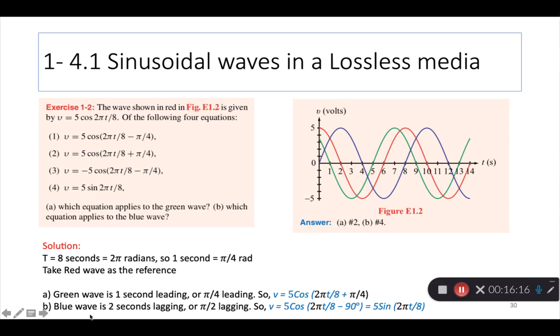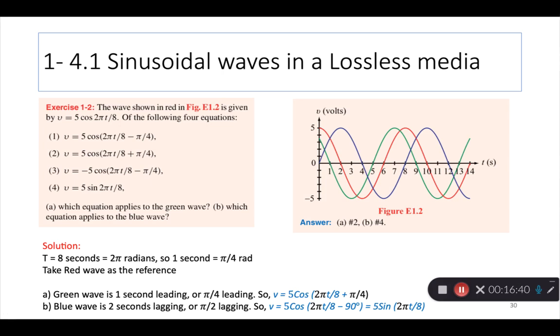Next is the blue wave, which is 2 seconds, the difference between 2 and 4 is 2. So the blue wave is lagging by 2 seconds, and 2 seconds means pi by 2, because 1 second is pi by 4, so 2 seconds is pi by 2, it's 90 degrees.